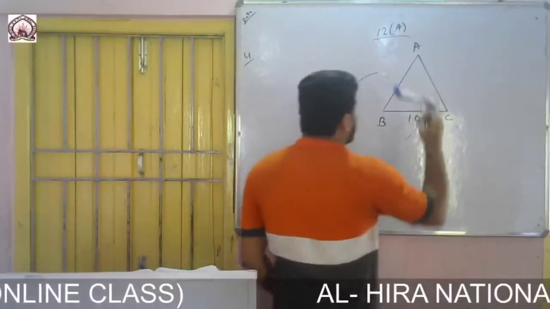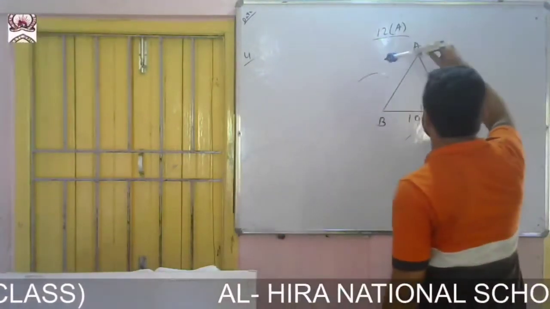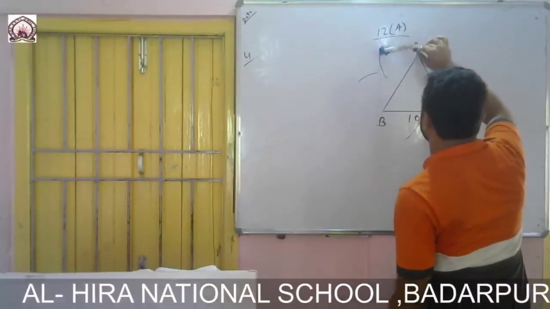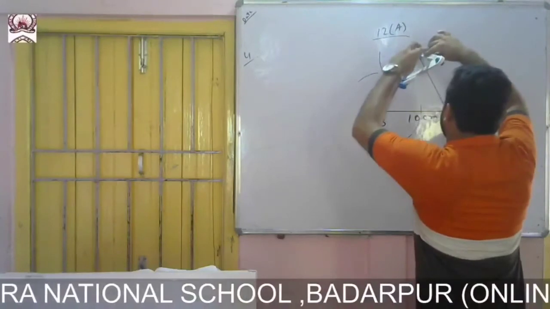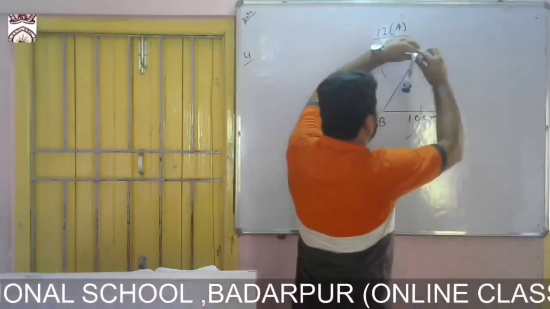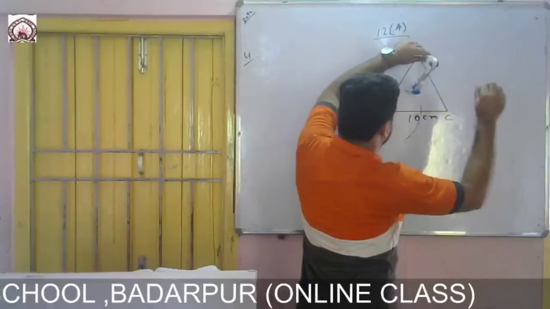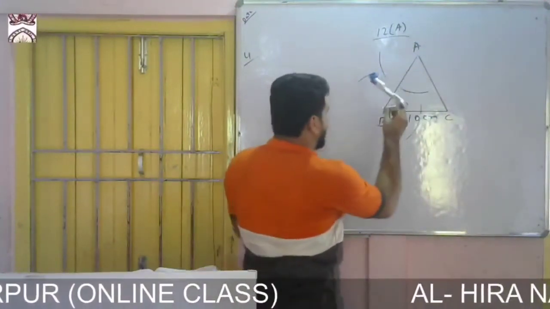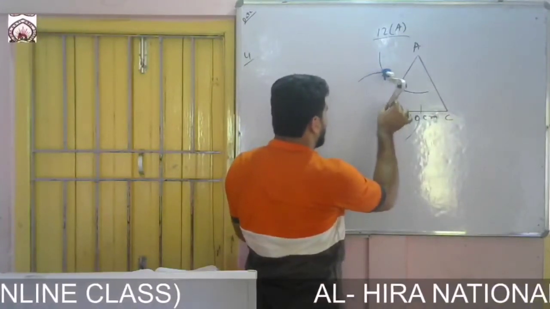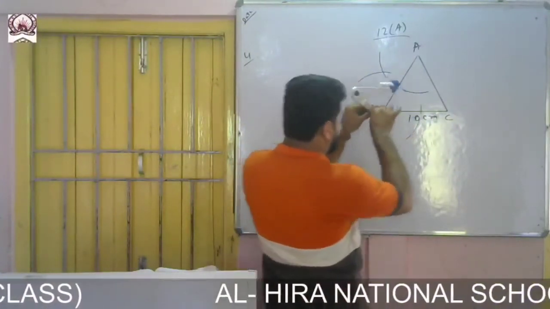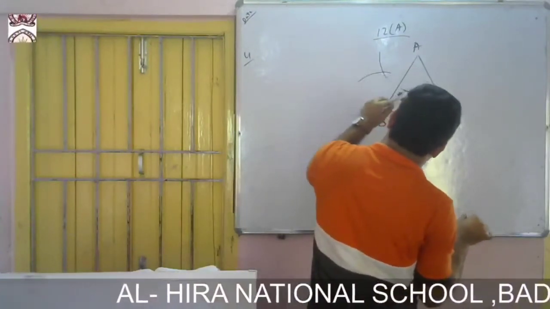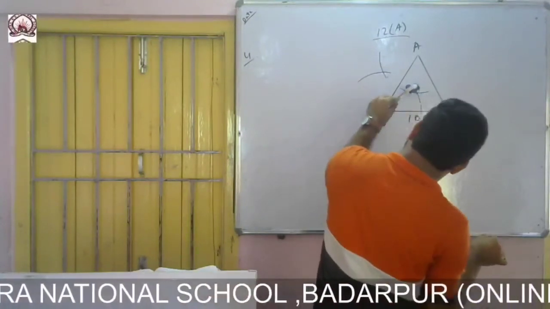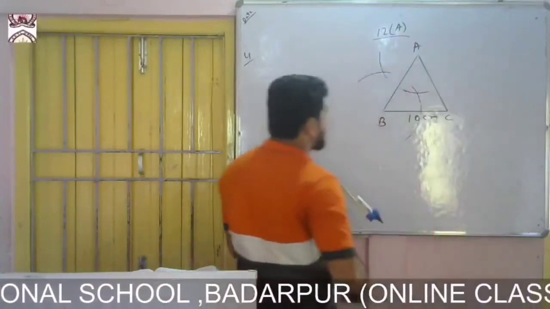Then do the same steps placing at A, on this side also. Increase this so that we can take the intersection point. So I got the intersection point.